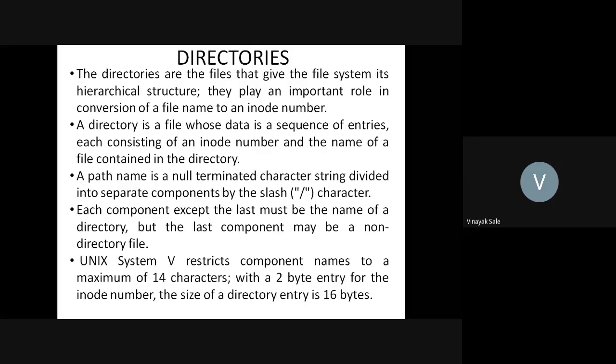System V restricts the component names to a maximum of 14 characters, with a 2-byte entry for the inode number, and the size of a directory entry is 16 bytes.